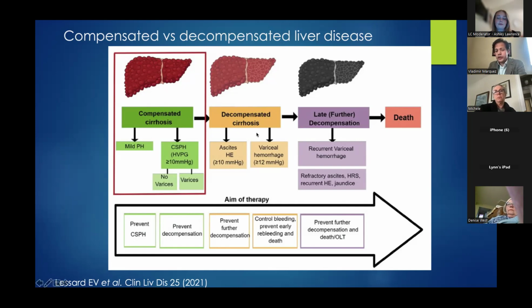But as the disease continues to progress, that's when we can call that there is decompensation, and then further decompensation, based on the appearance of those features of progression. So the ascites, which is the accumulation of fluid in the belly, the bleeding of varices, the development of that confusion that we call hepatic encephalopathy, all of that are signs of decompensation of the liver disease, or that we're moving from phase to phase.